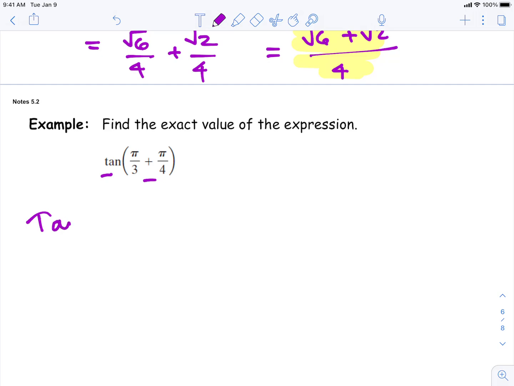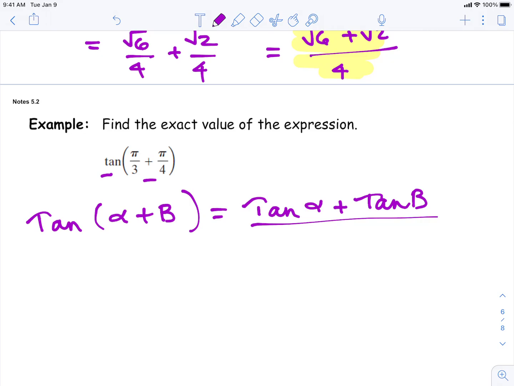So the formula is the tangent of alpha plus beta equals the tangent of alpha plus the tangent of beta, over 1 minus the tangent of alpha times the tangent of beta.